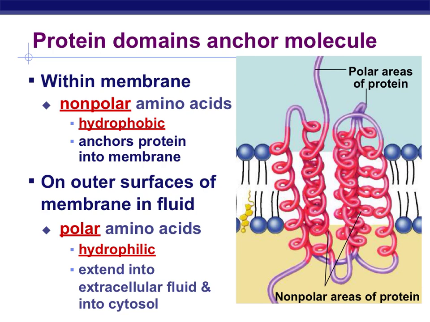On the outer surfaces of the membrane, in the fluid, the polar amino acids would be hydrophilic. So they would tend to extend into the extracellular fluid and into the cytosol, or into the cytoplasm. So they would extend into the environments that are outside of the actual cell membrane environment.